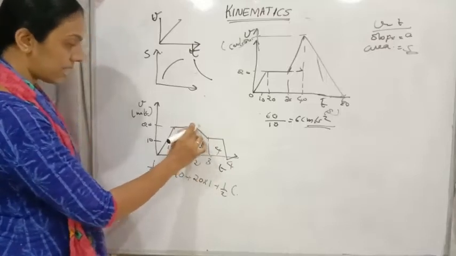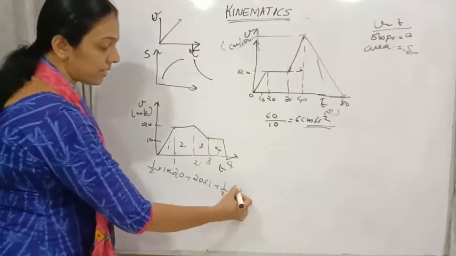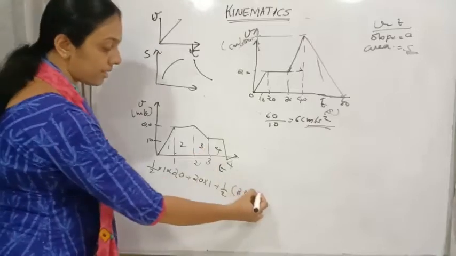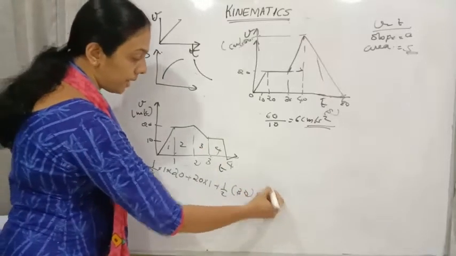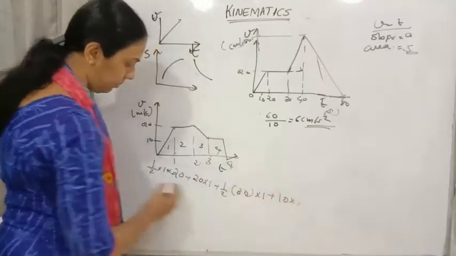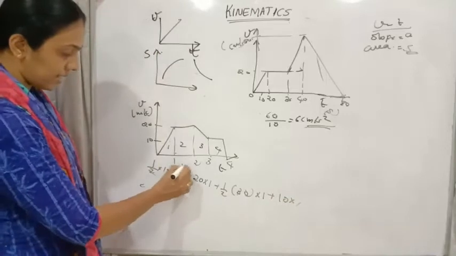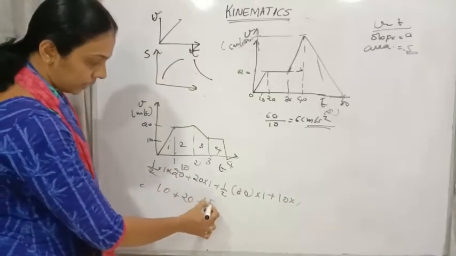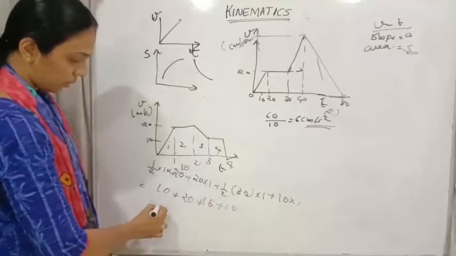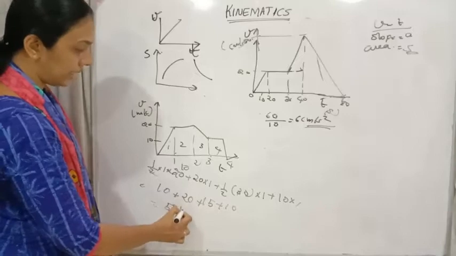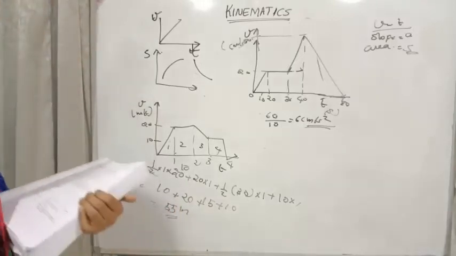So here it is 10 plus 20, that is 30, and the perpendicular distance between the parallel sides, that is 1, plus next is 10 into 1. So here you will get it as 10 plus 20 plus 15 plus 10. So here 30, 40, 55 meters. 55 meter is the answer.